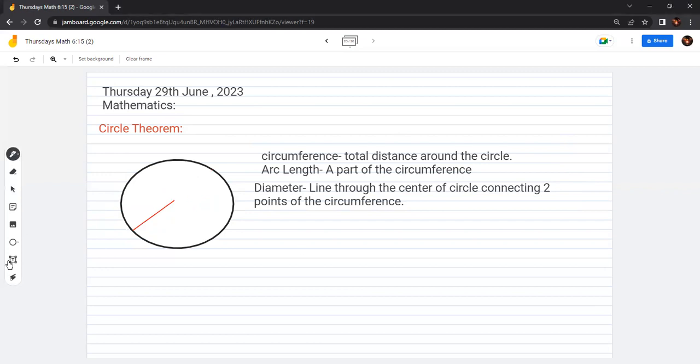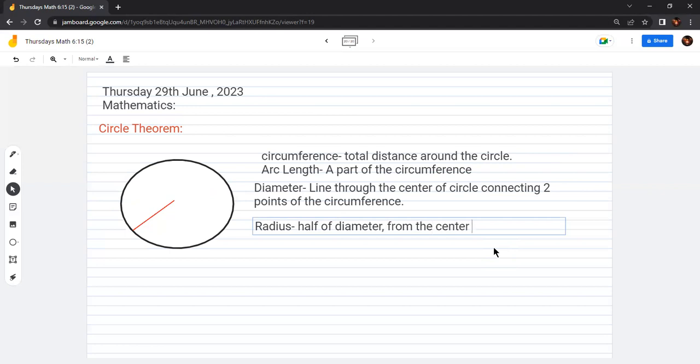So you have your radius, which is half of your diameter, and it's a line from the center of your circle to any point on your circumference.